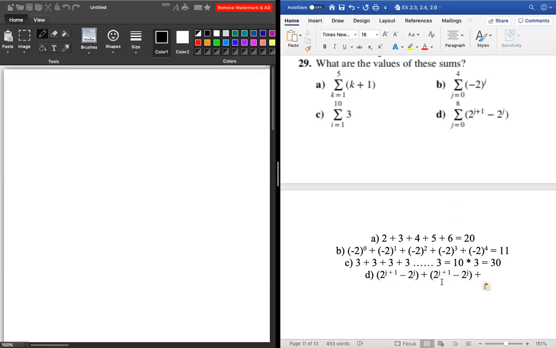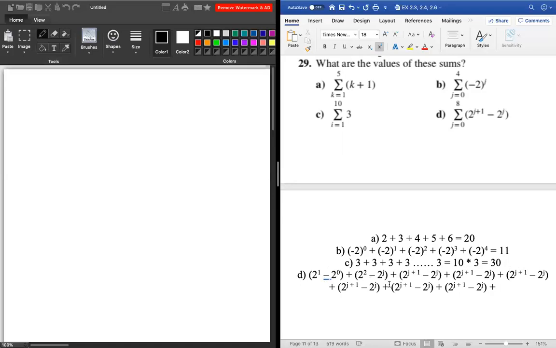So 1, 2, 3, 4, 5, 6, 7, 8. When j starts from 0, j in the first term is 0. In the next term, it becomes 1. And then 0 plus 1, let's simplify it, so it becomes 1. 1 plus 1 here equals to 2.